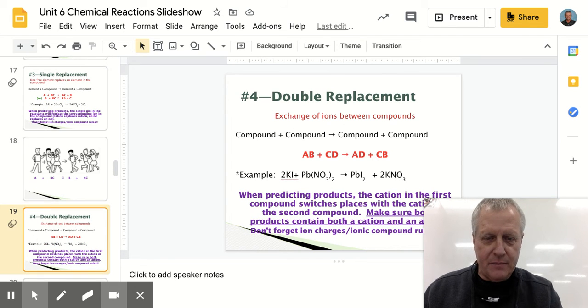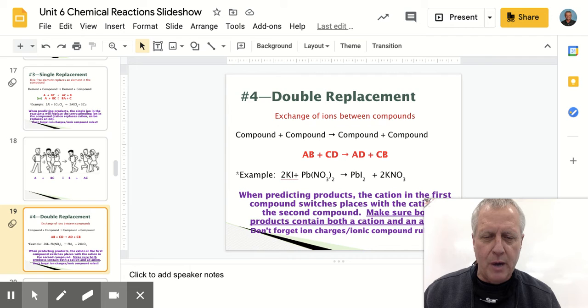Double replacement is the same kind of idea, except there's just a switching of places here. So, for example, you just have two compounds that are reacting, forming products of two more compounds, but the cations switch places. So, in this case, you have potassium chloride, and the cation there would be potassium.